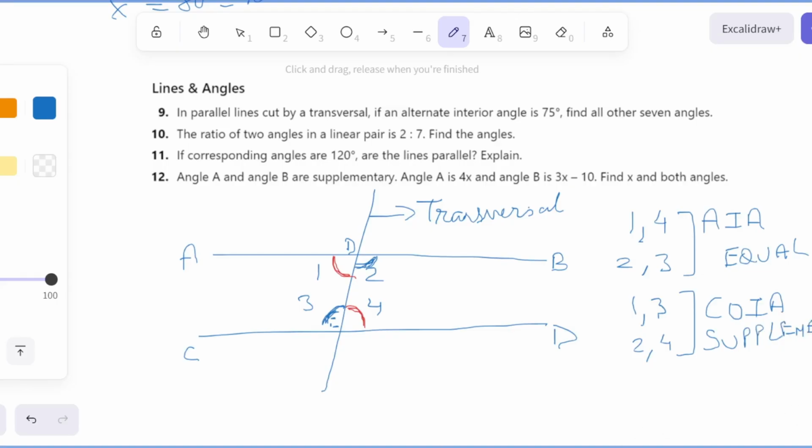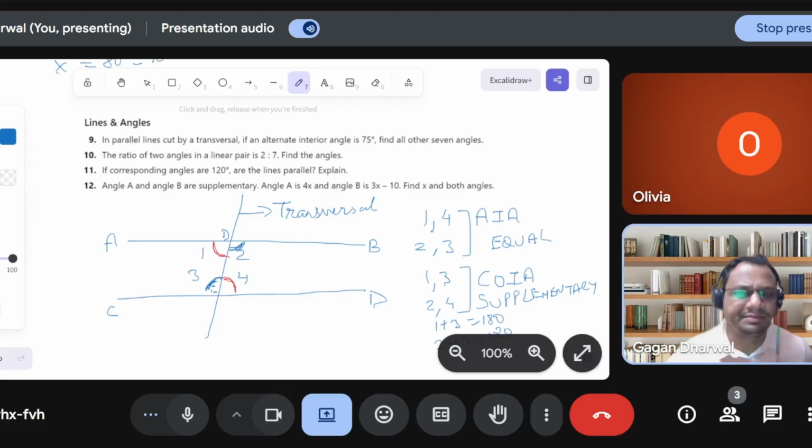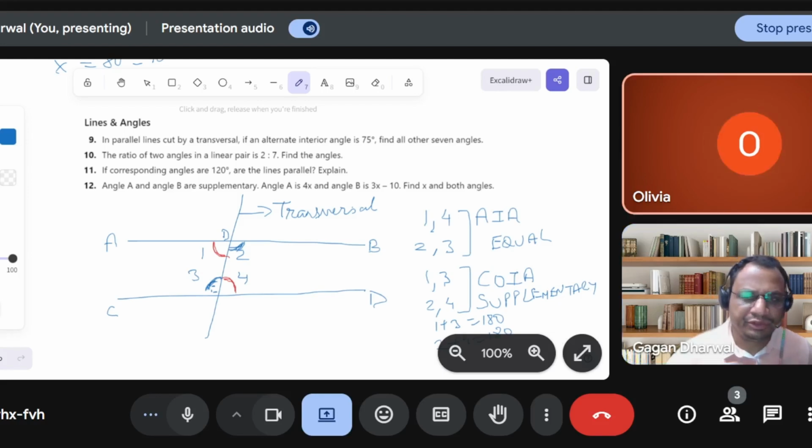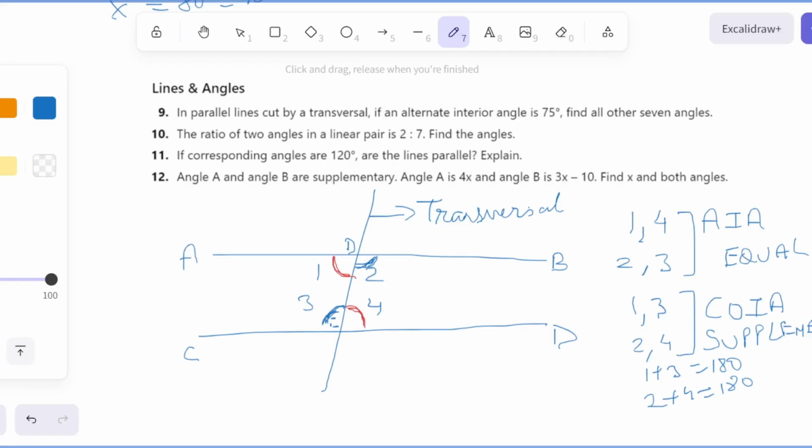Supplementary means 1 plus 3 is also 180 and 2 plus 4 is also 180. Make sense? No doubts, right? And if I take further numbering, let it be here 5, here 6, 7, and 8.